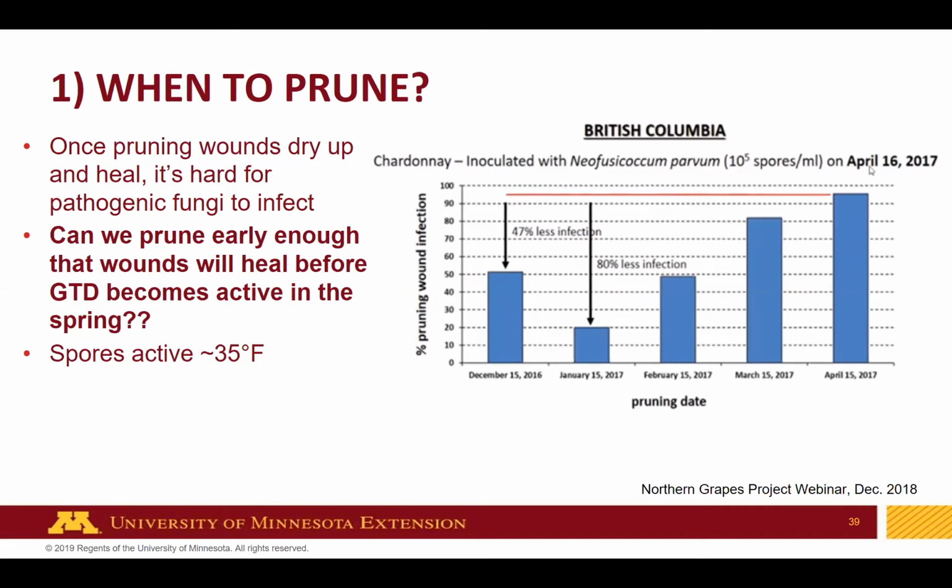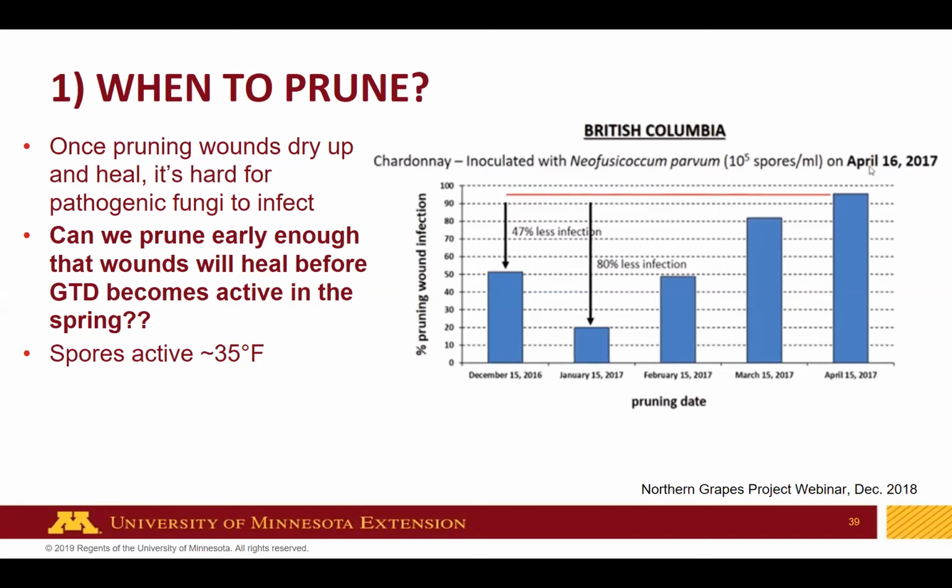So let's say maybe you're pruning in January and they're 6 weeks before it gets warm enough for those disease spores to be active in the air because you live in Minnesota or Wisconsin and there's snow on the ground and it's staying below freezing. Are those 6 weeks long enough to dry up those pruning wounds so that the spores cannot inoculate?